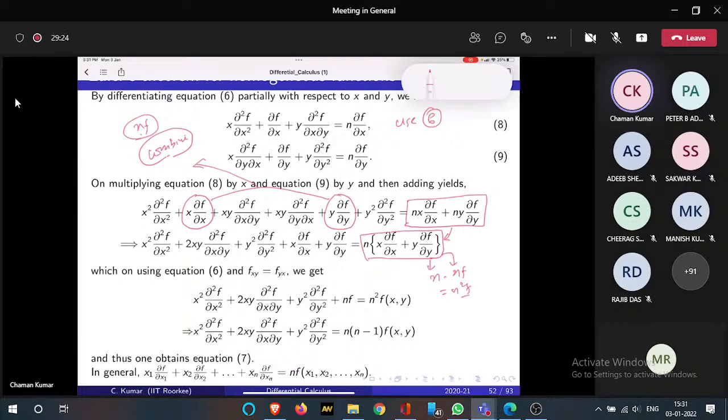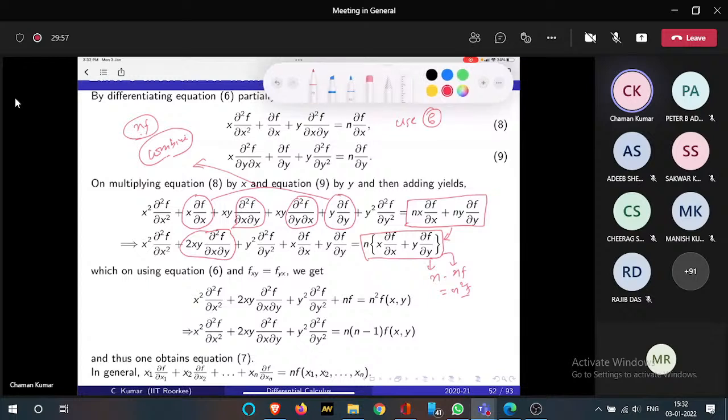And the second thing that we observe is that since the second order partial derivatives are continuous, the mixed order partial derivatives will be equal. So these two terms can be combined, which can be written as this one. So let us see what we have now.